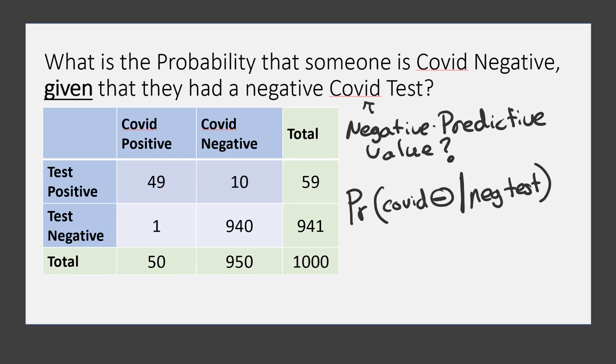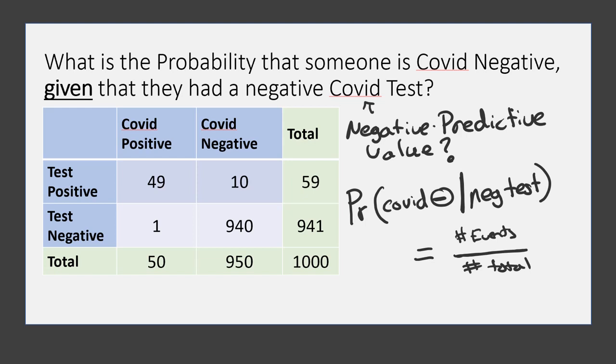All right, so how do we figure this out? Recall in probability, we always take on the numerator the number of the events that we're interested in, divided by the total. In probability in general, that's how we find probabilities. So let's start with total.